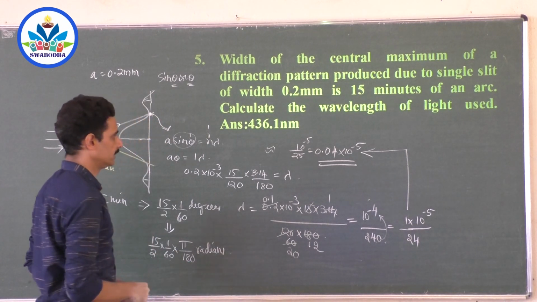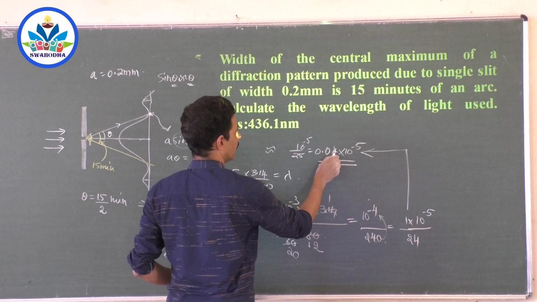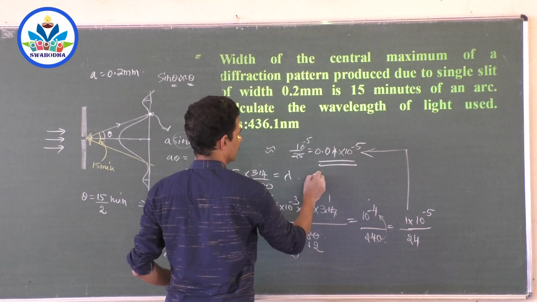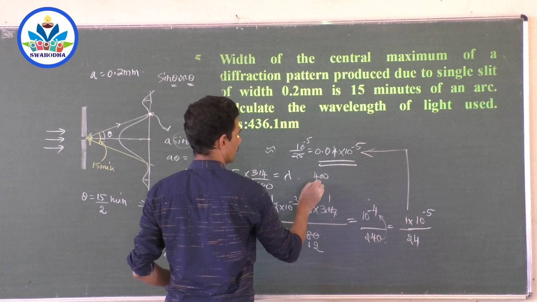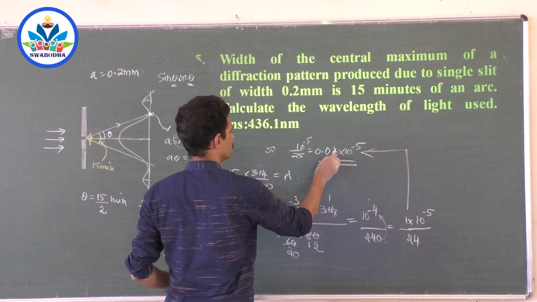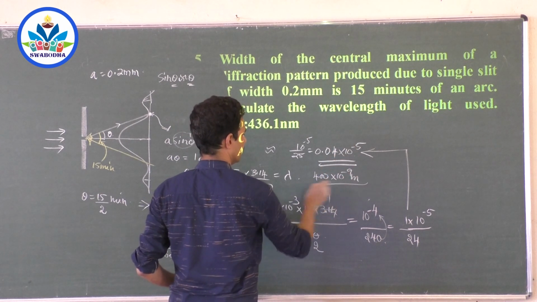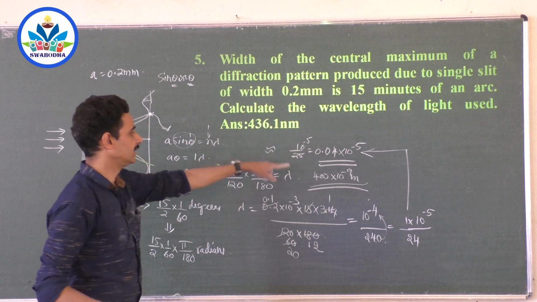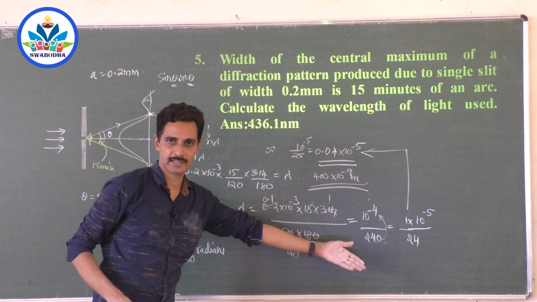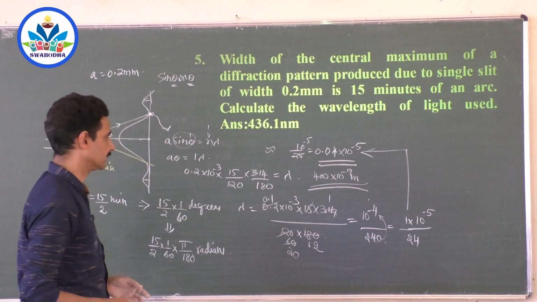We want nanometers, so this comes to 400, and counting the places, 10 to the power minus 9. You will get it. But I didn't get this answer exactly because I didn't divide it correctly. You divide it using a calculator and you will get the answer.